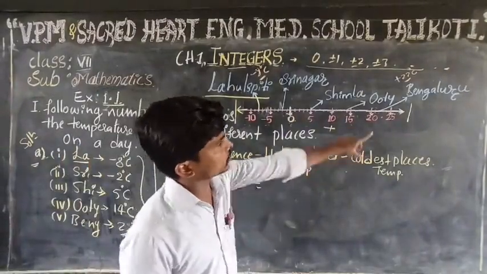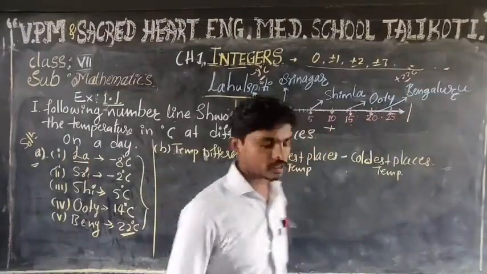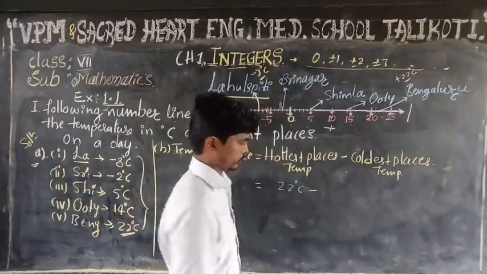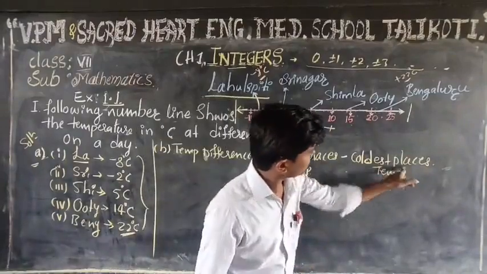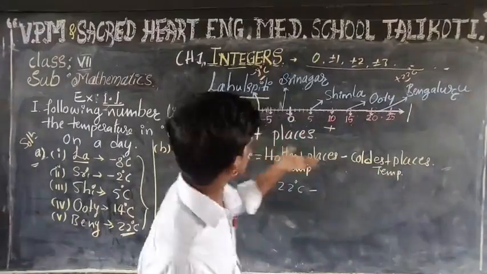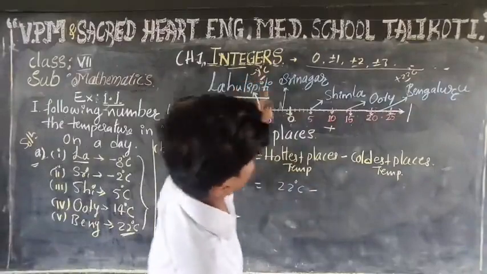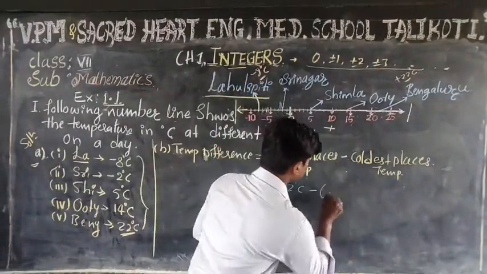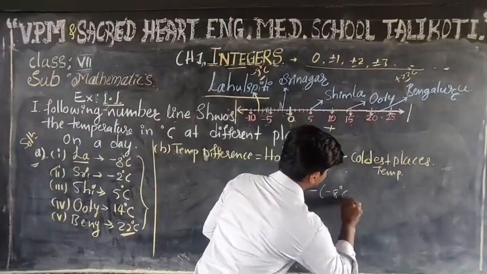The hottest place temperature is plus 22 degrees Celsius, minus the coldest place temperature, that is minus 8 degrees Celsius. Already here we mention our minus symbol, and another one is minus 8 degrees Celsius.